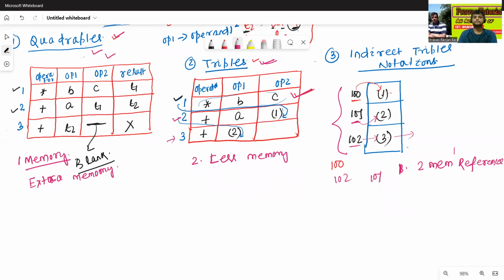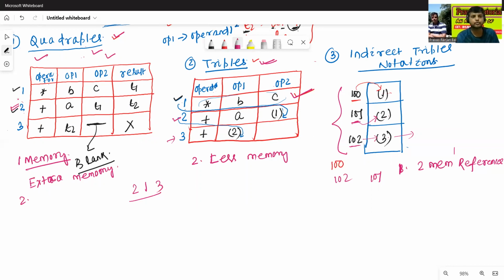Okay. One more difference is movement, if we change the order. Suppose I want to execute in this way: 2, 1, 3. If I want to execute 2, 1, 3, there is no problem in quadruples notation.